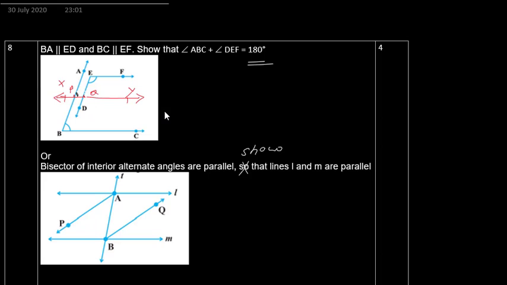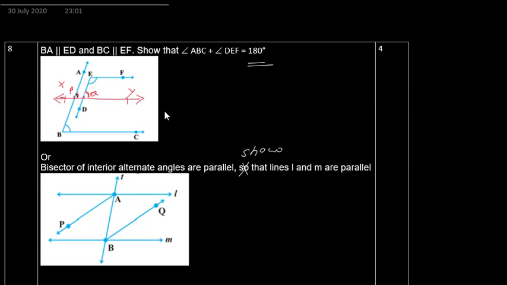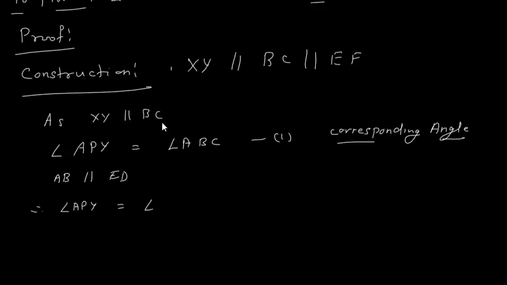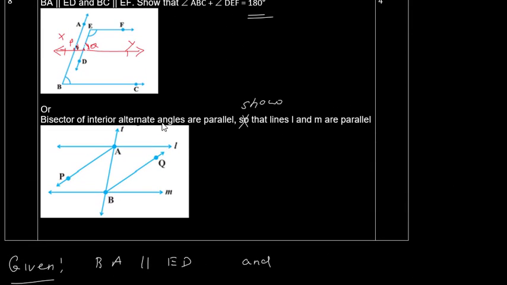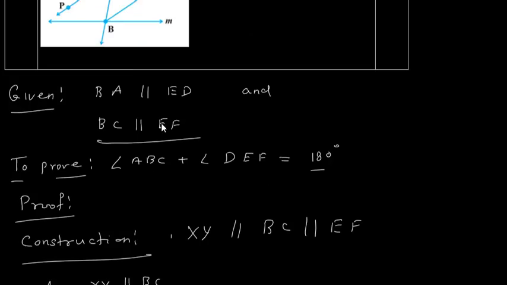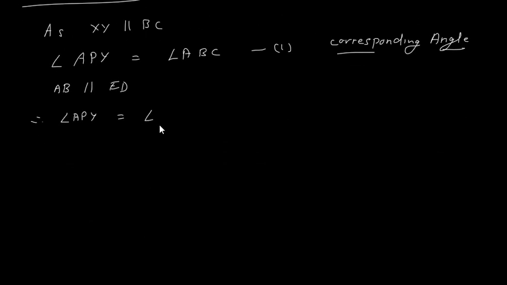When these two lines are parallel, then these two angles form corresponding angles. So angle APY is equal to angle EQY. Let us consider this as second, and again here it is corresponding angle.